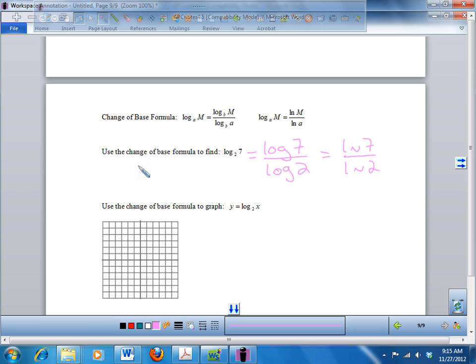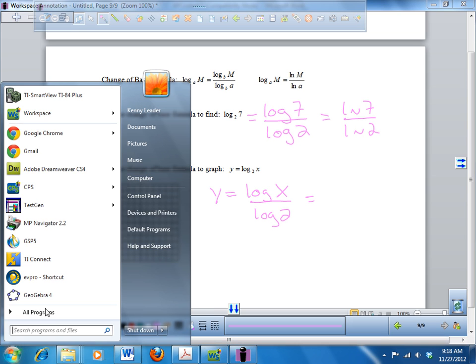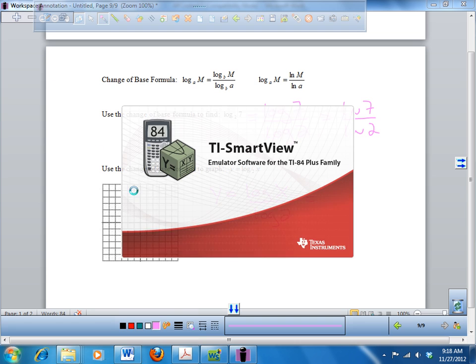Okay? And then you could use that to graph this. Because if I wanted to graph this function right here, I could rewrite this as y equals log of x over log of 2, which you can just plug into your calculator.